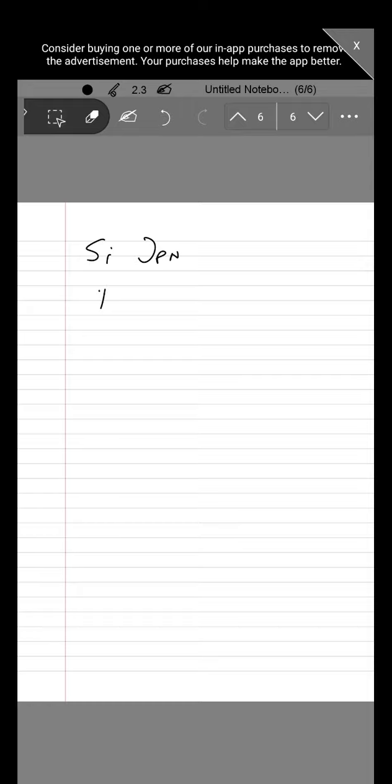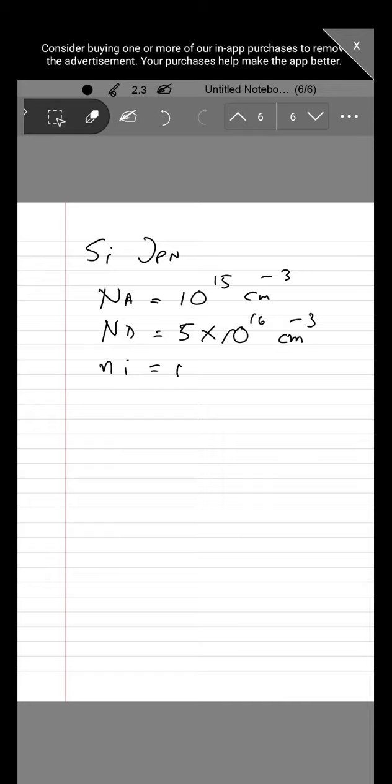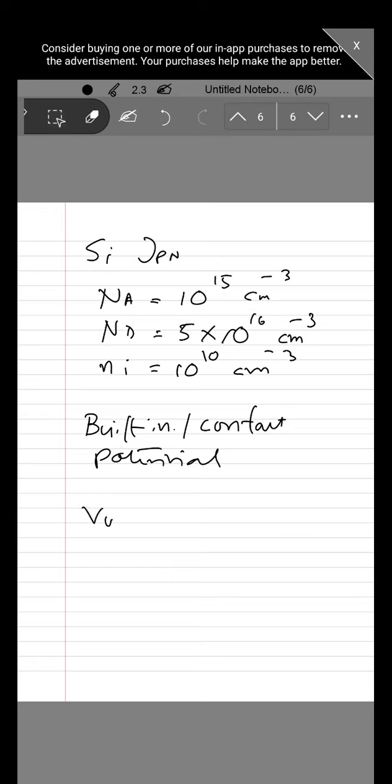If the acceptor concentration is 10 to the power 15 per centimeter cube, and the donor concentration is 5 into 10 to the power 16 per centimeter cube, and the intrinsic carrier concentration is 10 to the power 10 per centimeter cube, then the built-in or contact potential V0 is equal to kT by e, and it is again ln Nd Na by Ni square, and so we put the values, it turns out to be 0.7 volts.